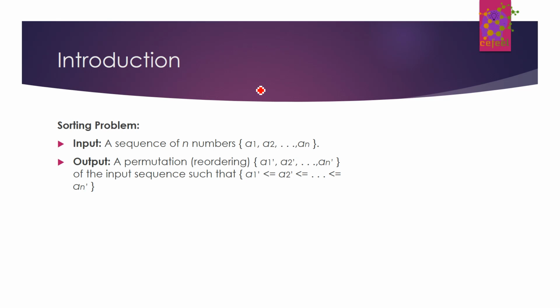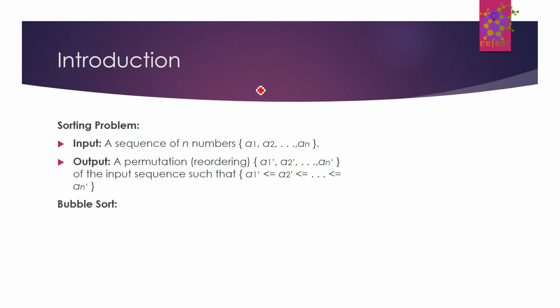Which means if we reorder and the numbers are a1' to an', a1' will be less than or equal to a2', which will be less than or equal to the next item, and so on till an-1', the second last element, is also less than or equal to the last item, an'. So essentially, in simple terms, it is just sorting a bunch of numbers in ascending order.